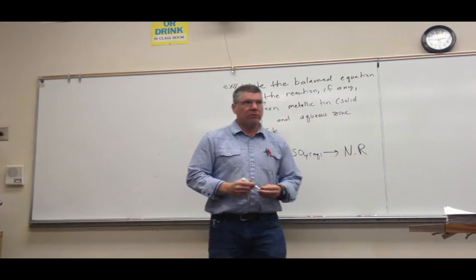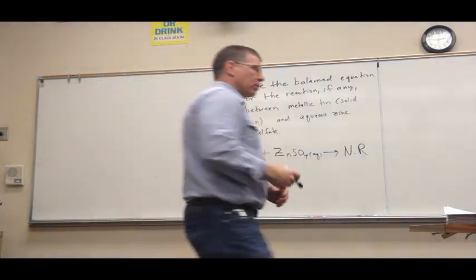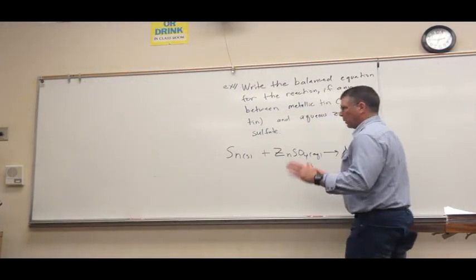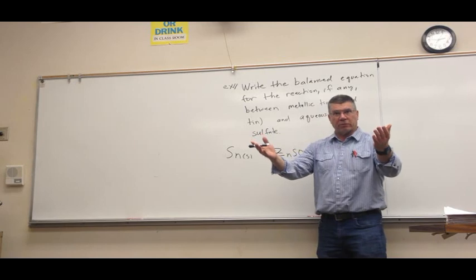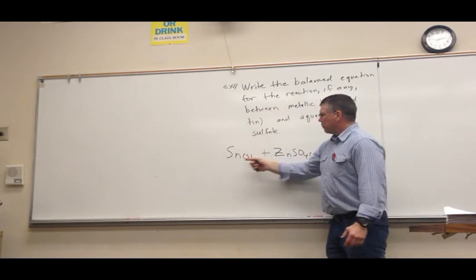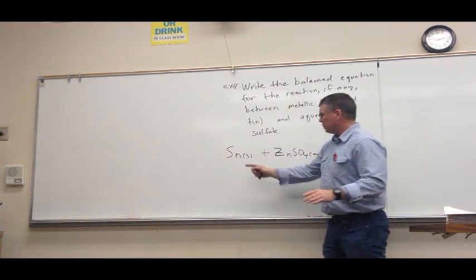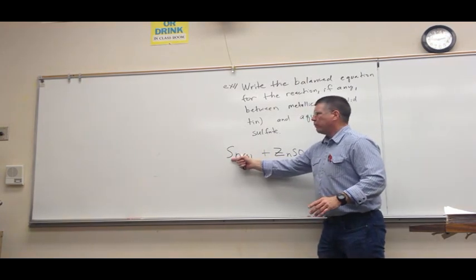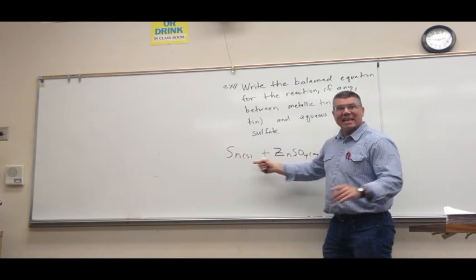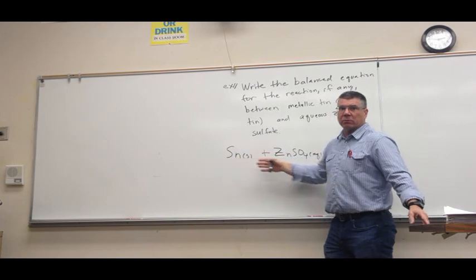Do you guys see how that table works? Yes. So whenever you come across a single replacement reaction like this, if they're metals, I'm going to explain about halogens in just a second. They're easy. But what you do is you find the two metals in the activity series. One's going to be a metal by itself in this equation, one's going to be in a compound.